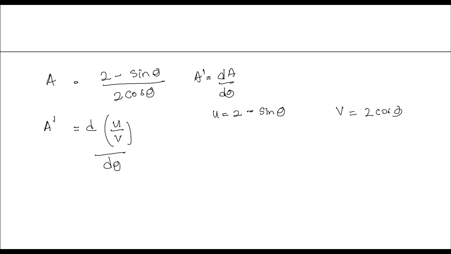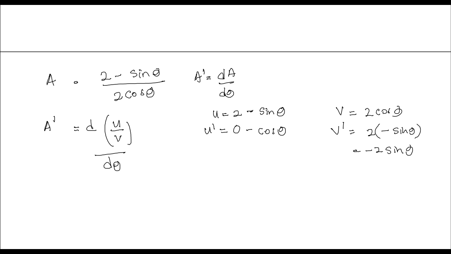So u dash would be the differentiation of the constant, which is 0, minus the differentiation of sine theta, which is cos theta. So u dash is minus cos theta. v dash would be 2, doesn't matter, it's a constant, times minus sine theta, which gives you minus 2 sine theta.